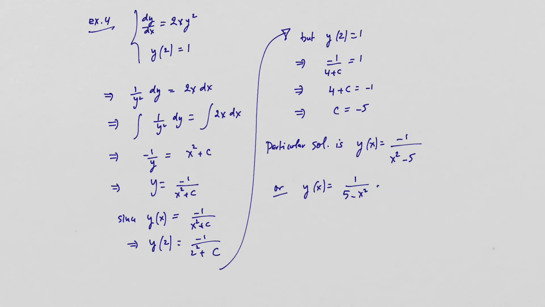This time I gave you a differential equation that is separable, because x is your g of x and 2y squared is your h of y. You could put 2 or whatever you want, but this time I gave you an initial condition, which means I gave you an initial value problem. First thing you need to do is give the general solution as we did in the first 3 examples.